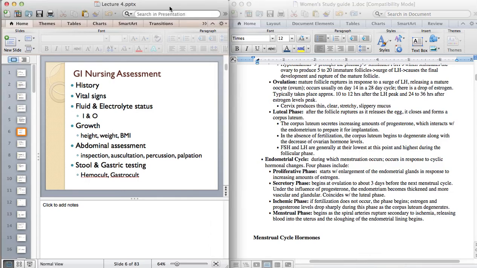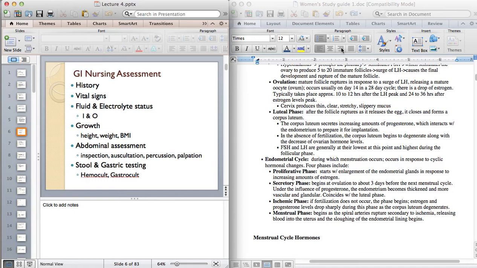So what will be part of it? What will be some of the things that you will ask them for? Drawing that knowledge from your anatomy and physiology or your pathophysiology, what kind of things will you be asking the patient for in the focused GI assessment?